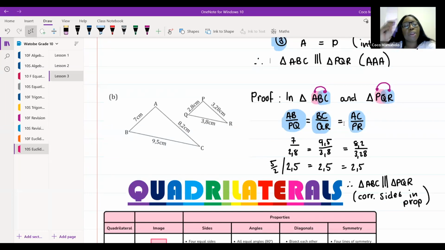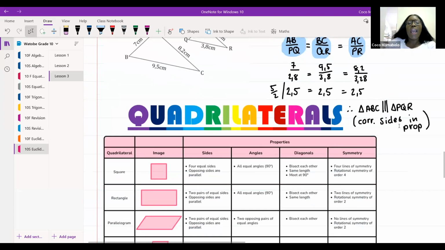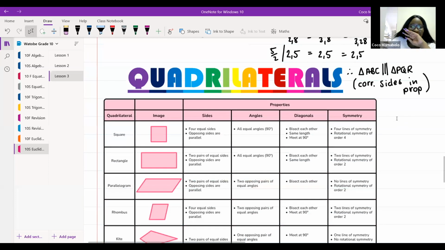Right. Are we ready for quadrilaterals? Patu, this is your moment. We are officially doing quadrilaterals. So we're going to be looking at the properties of quadrilaterals. You don't have to, because we put in the work.